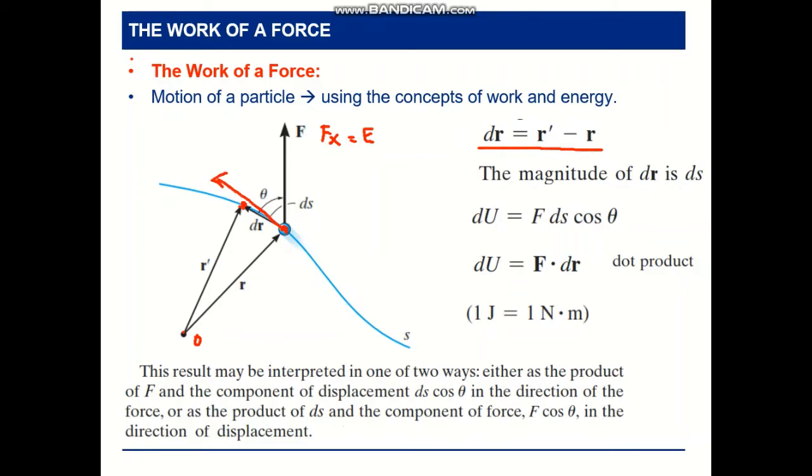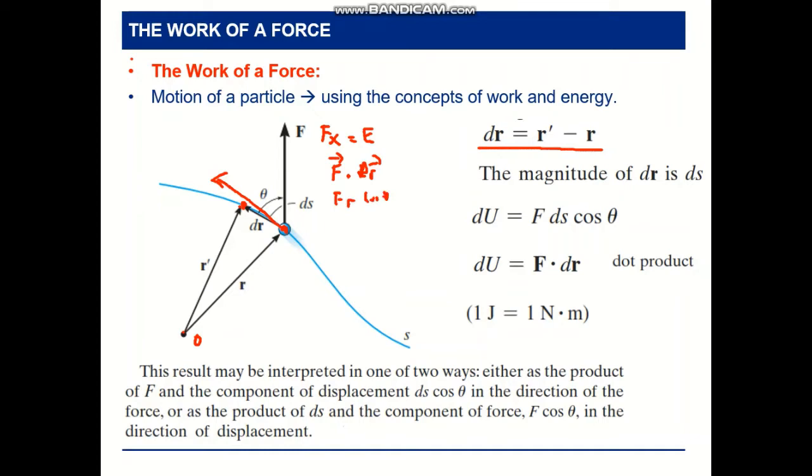In vectorial form, it is F dot product with dr, or delta r, and we know that this dot product is F r cosine theta, as you remember from your vector calculus.